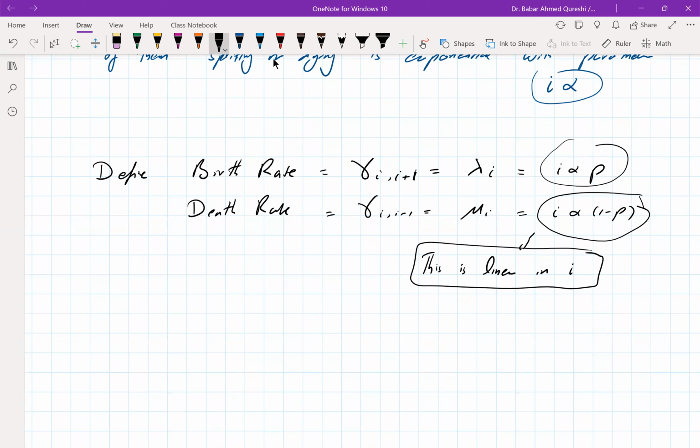So I can define individual birth rate or death rate.